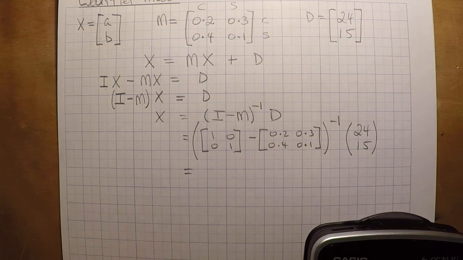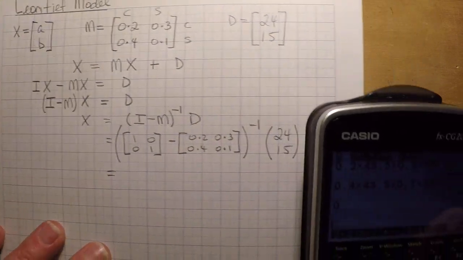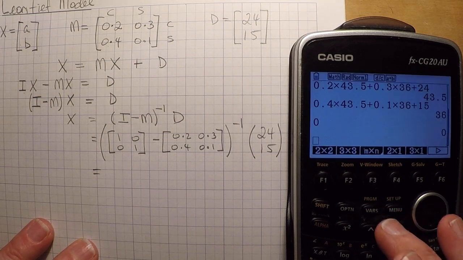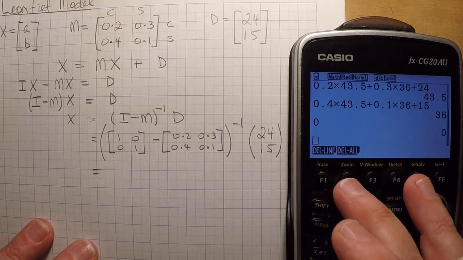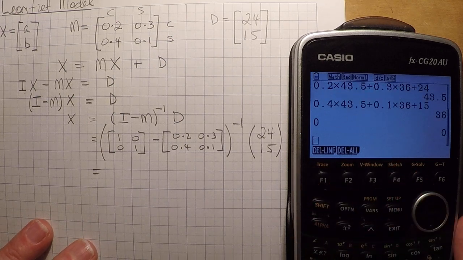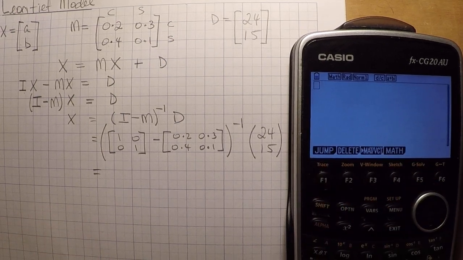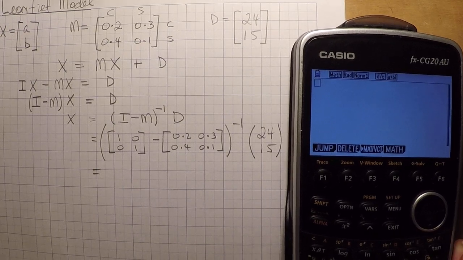So we could do this by hand, but because the focus of this question is really more about the Leontief model, I'm going to use the calculator. So I'll just enter this exactly as it seems.